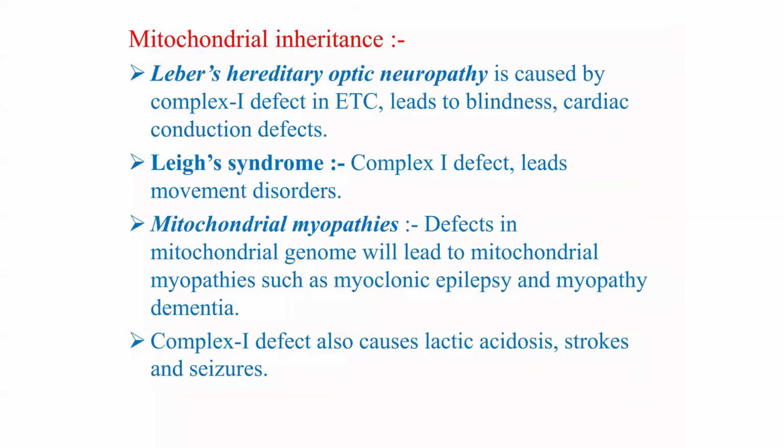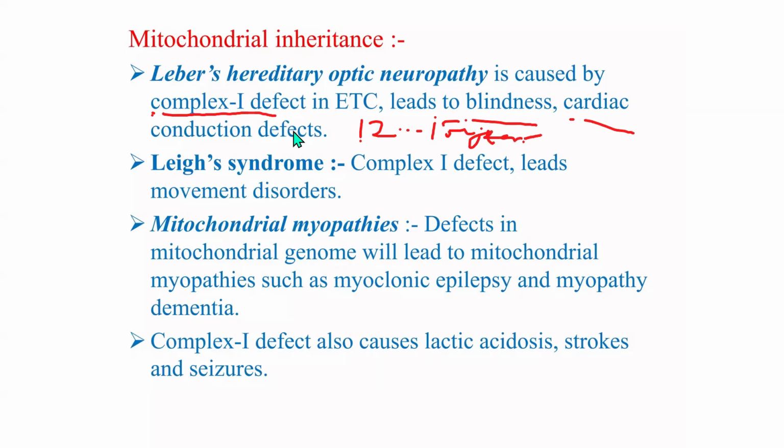In the electron transport chain, we have complexes 1, 2, 3, and 4. If complex 1 is defective in the electron transport chain, then it leads to blindness and cardiac conduction defect, and it usually occurs between the ages of 12 to 18 years.